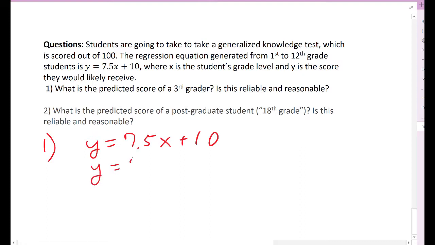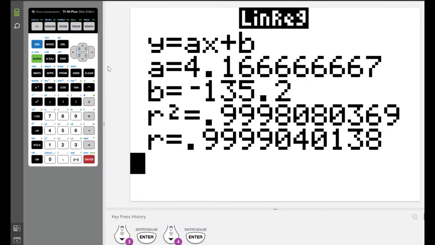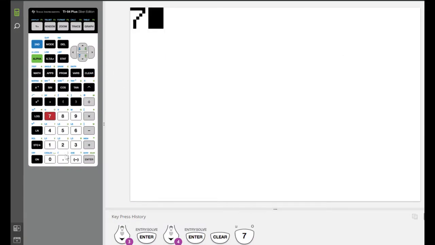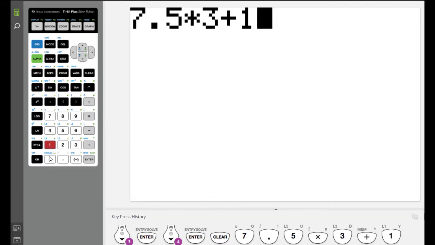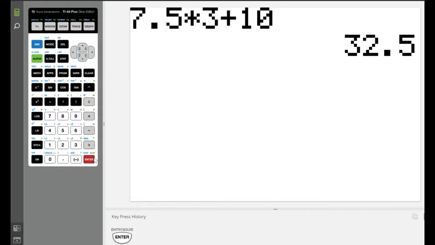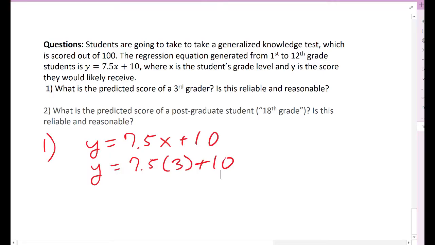So y equals 7.5 times 3 plus 10, which gives us 32.5. So we are anticipating a score of 32.5 for a 3rd grader.